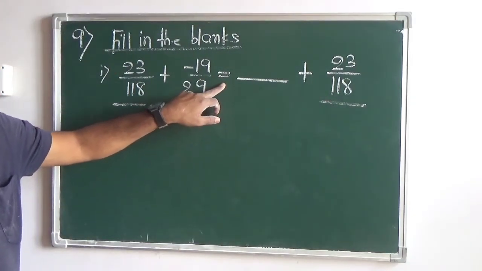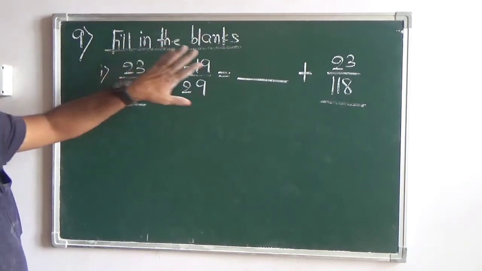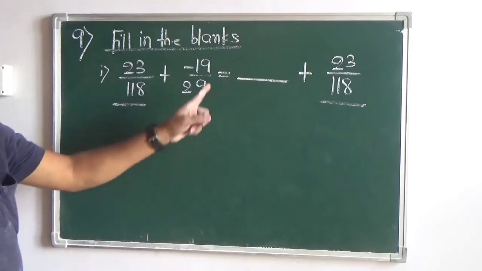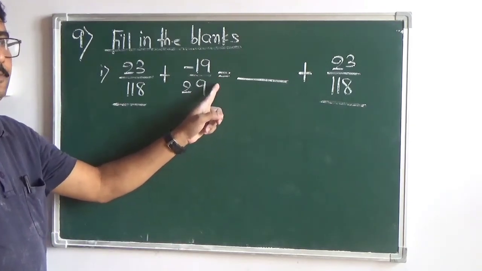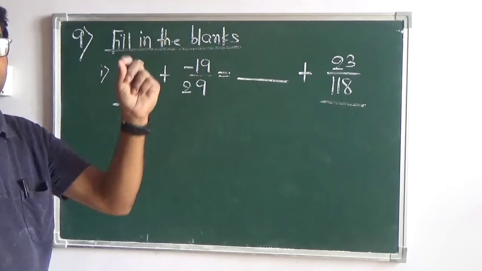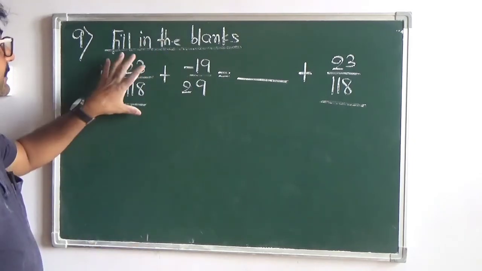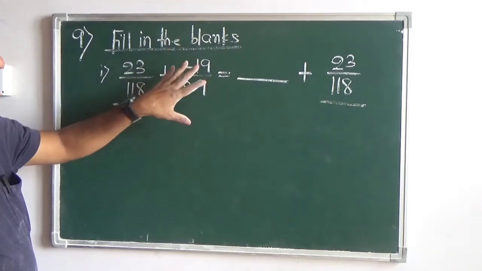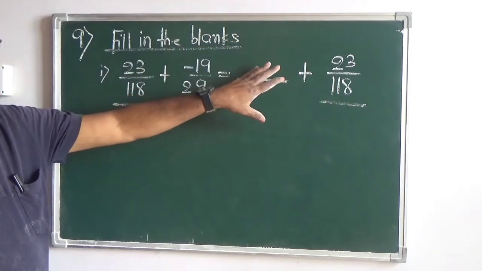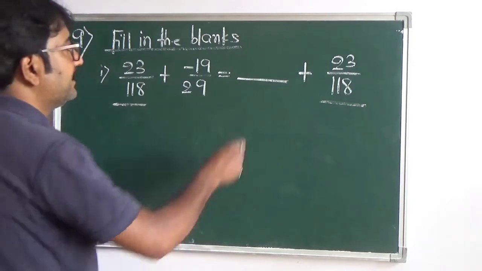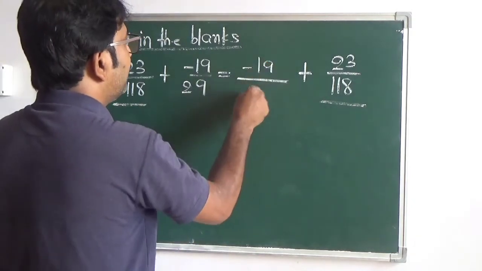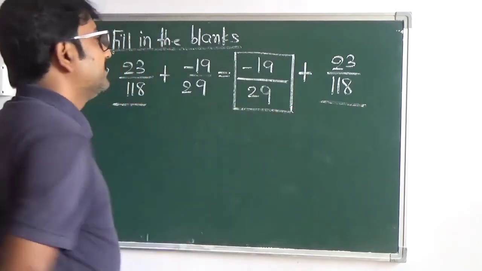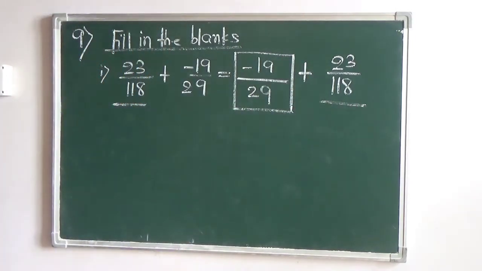That means whatever value is there on the left hand side, the value on the right hand side also has to be the same. The factor 23 by 118 is common on both sides, and the extra factor on the left hand side is minus 19 by 29, so that will come here. So the blank is minus 19 by 29.